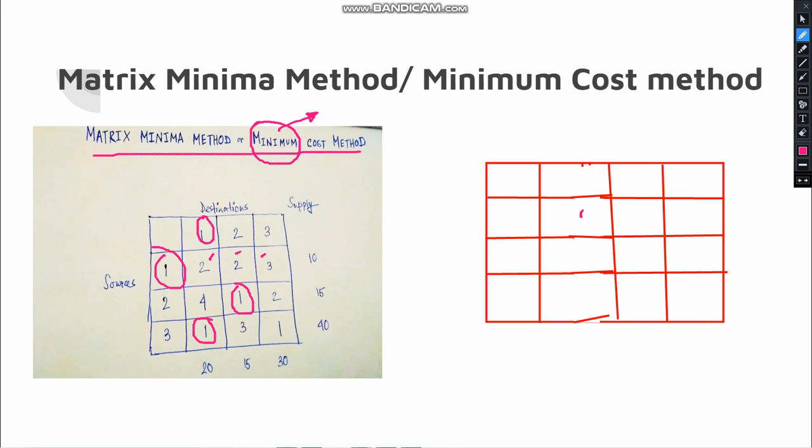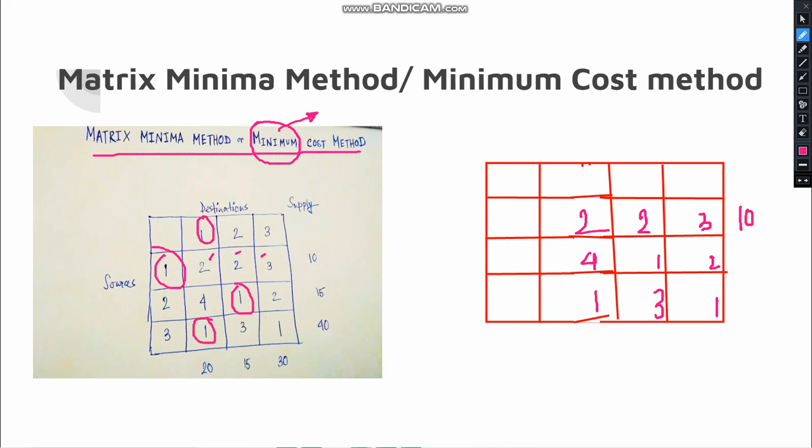So this is 2. Now I have a lot of space here. 2, 4, 1, 2, 1, 3, 1.